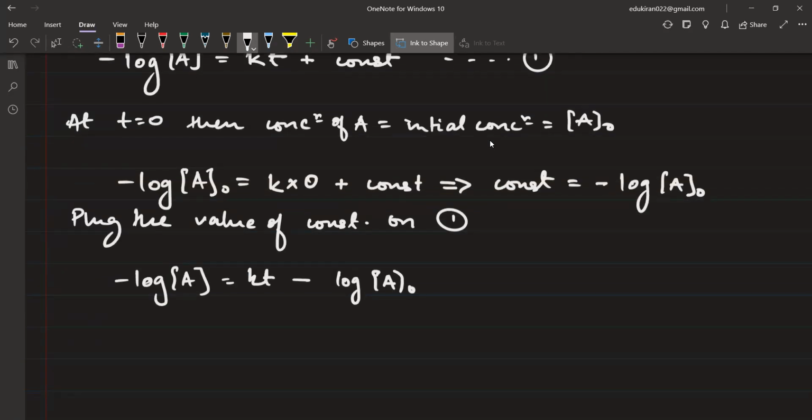Okay. Now see what happened. Log of A naught minus log of A will be equal to kt.